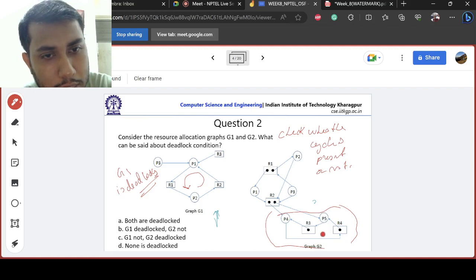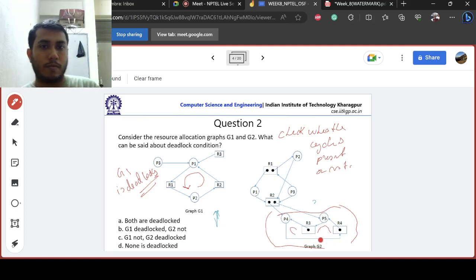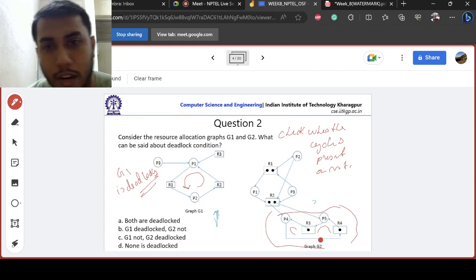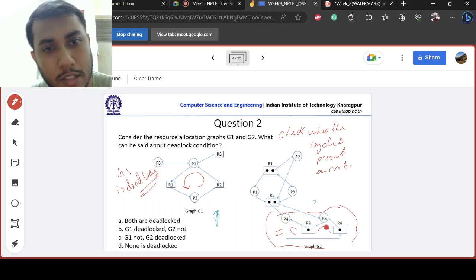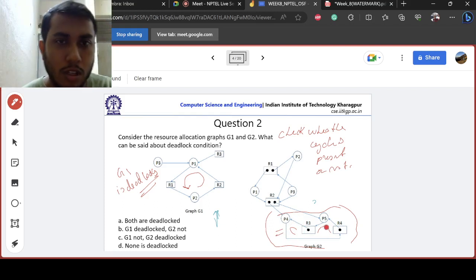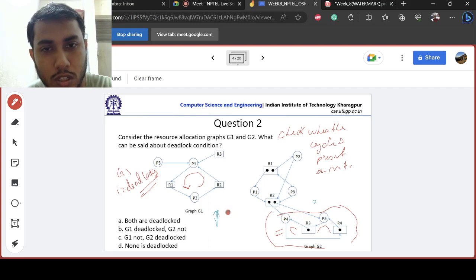You see a cycle exists here from R1, P5, R3, P4 and R4. So you get a cycle here also. And you see here only one instance of each resource is present. So G2 is also deadlocked.